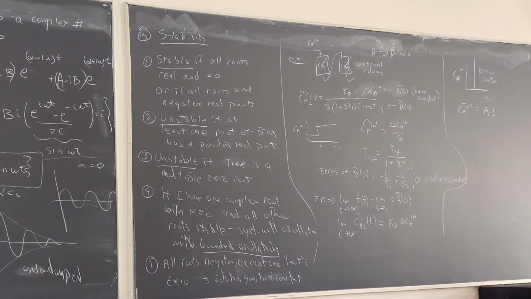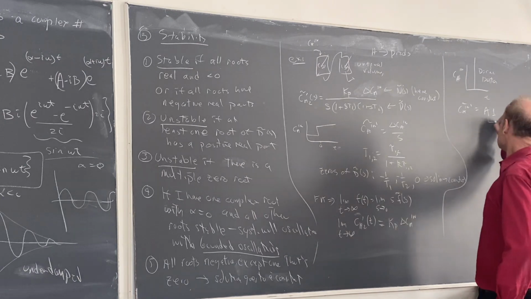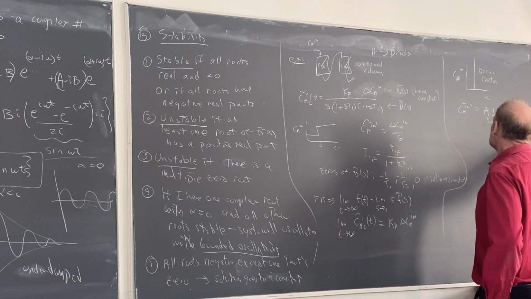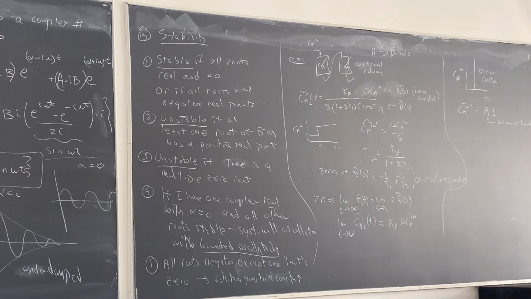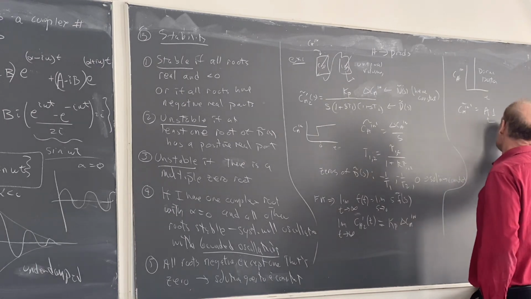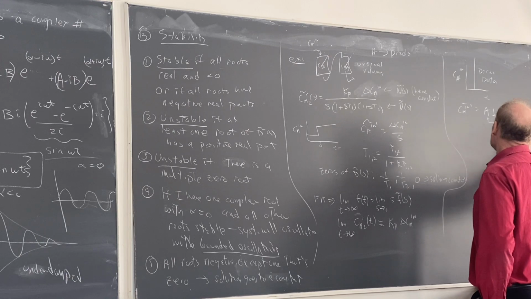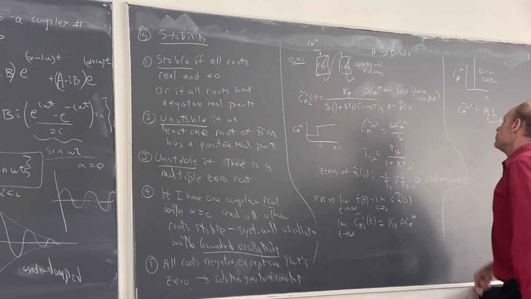Where A is the integral. Remember, what does Dirac delta mean? It means I take a bucket of something and I dump it in. So A is the amount in the bucket.